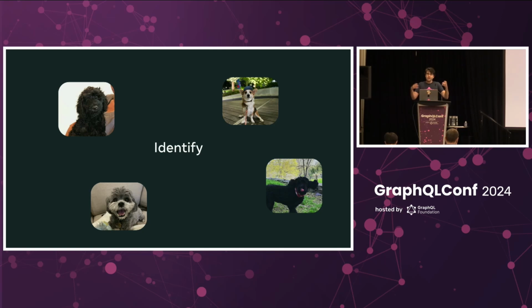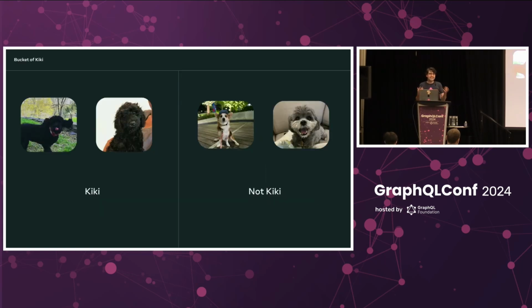And if we want a way to identify which is which, well, we're going to need some kind of ID. And you might get that from a database, but we need something that will stay the same throughout all the iterations, throughout Kiki's whole life cycle, as a means of identifying and sorting, this is Kiki, this is not.